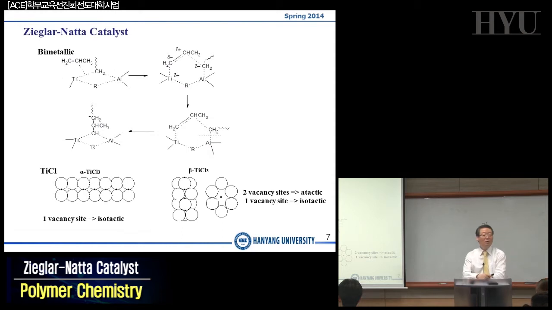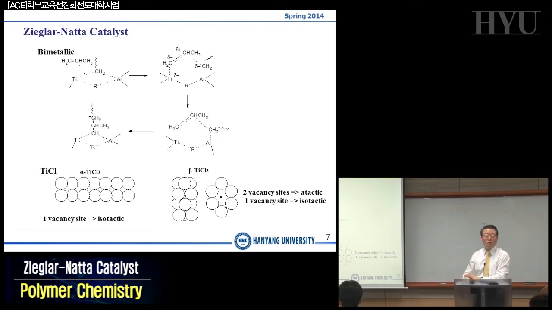So in summary, propylene could be added into a growing chain of your titanium chloride and polypropylene chains with the monometallic Cossee mechanism or the bimetallic Cossee mechanism, so that you can find the growing chain of your polypropylene in terms of the different tacticity.